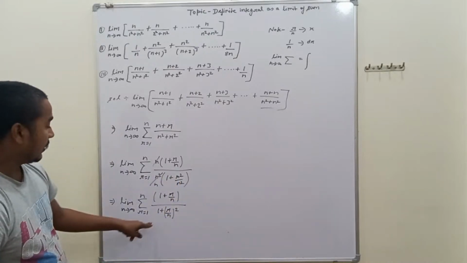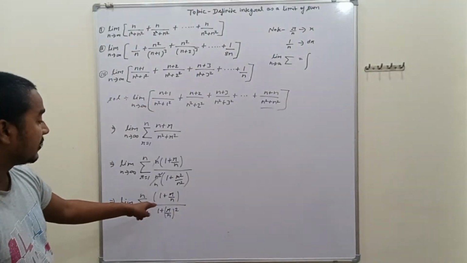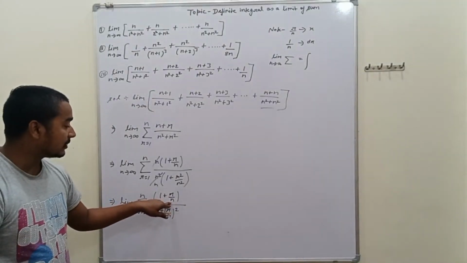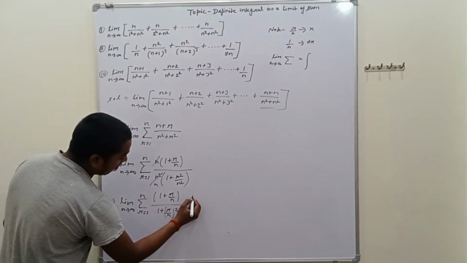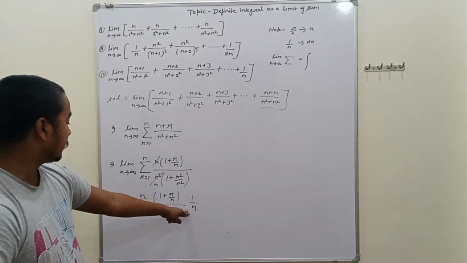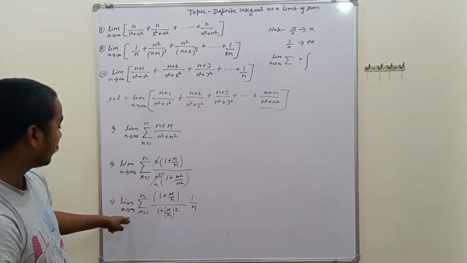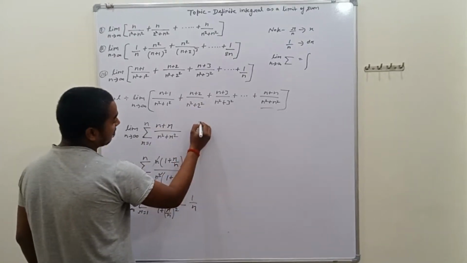We know that in the definite integral as a limit of a sum, we change some identities, that is r by n is written as x and 1 by n is written as dx, and limit n tends to infinity summation is written as integration. We have to further proceed.